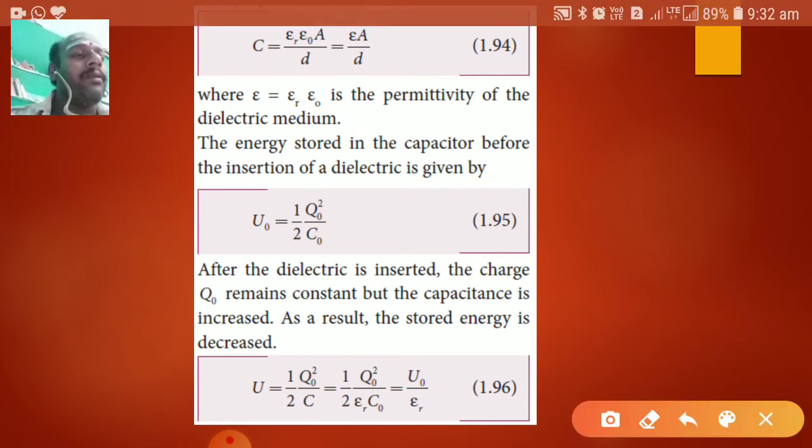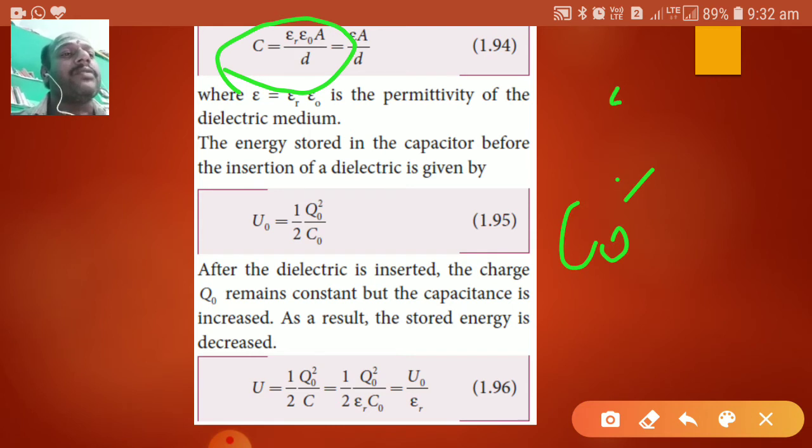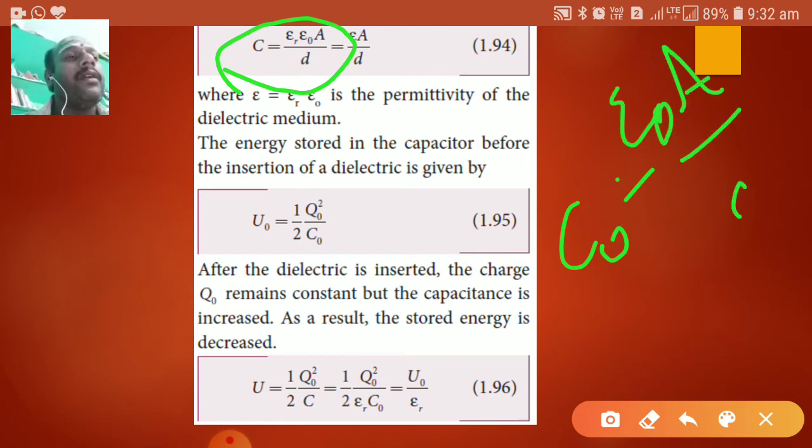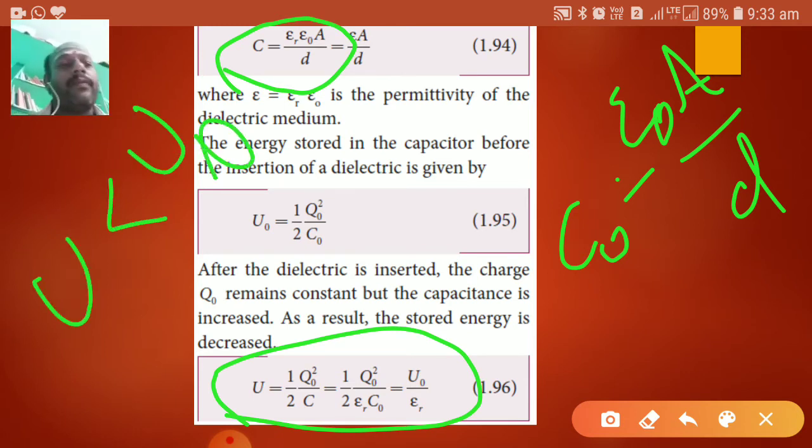An important relation: C naught is equal to epsilon naught A by D, so C is equal to epsilon R into epsilon naught into A by D. When I substitute in U naught is equal to 1 by 2 Q naught square by C naught, I will get U is equal to this one. From this I come to know U is less than U naught, since epsilon R is greater than 1.